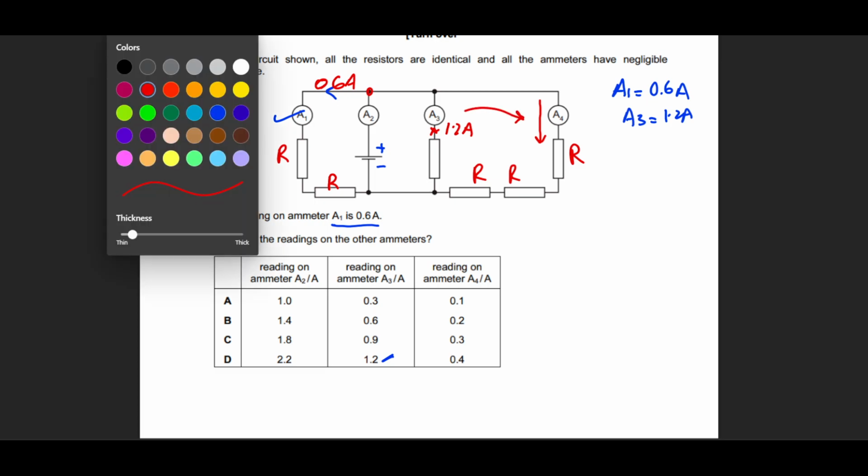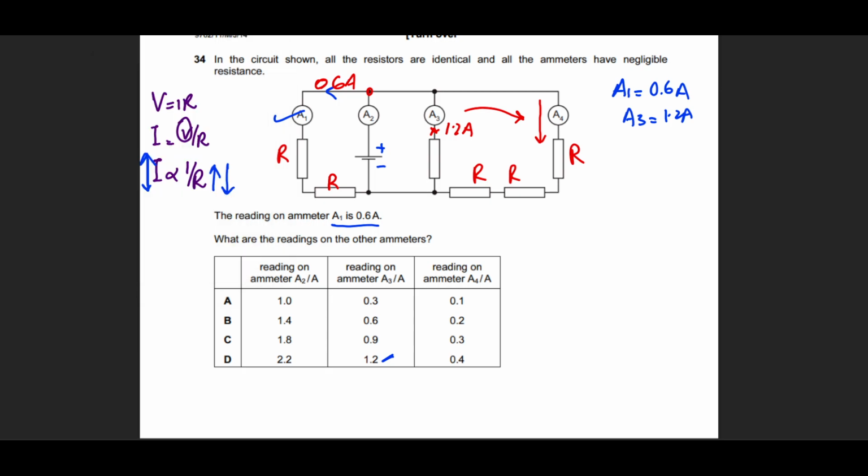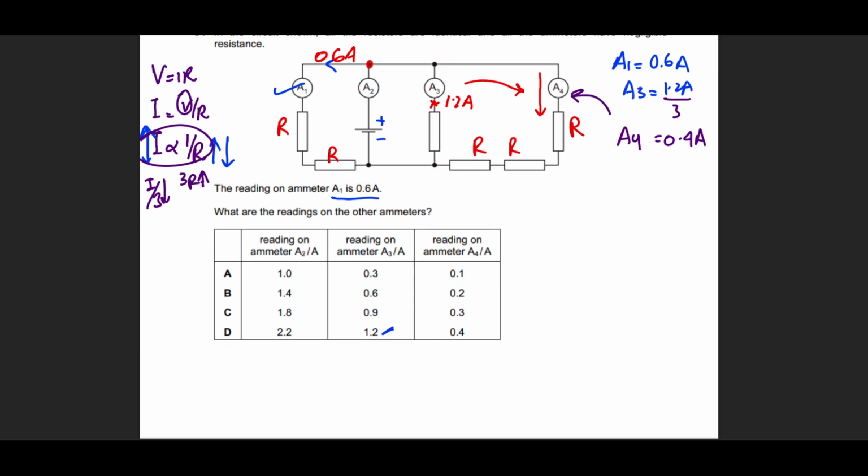You see, in that branch, there are 3 resistors. So if the resistance is 3 times higher, then the current is going to be 3 times less because they are inversely related. So 1.2 divided by 3 gives me the current of A4, which is going to be 0.4 amperes, right? So it's going to be option D very clearly.